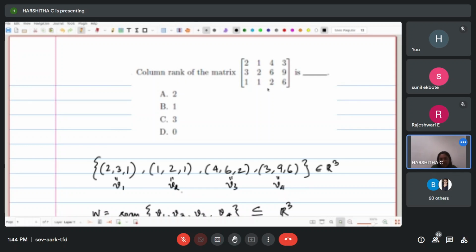If you look at this matrix itself, to calculate all possible 3 cross 3 minors, you take these 3 columns and so on. So you can do that.